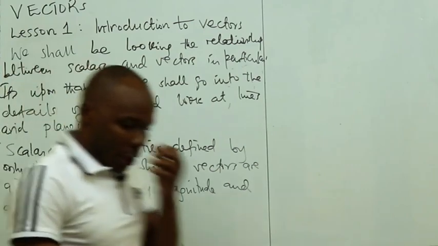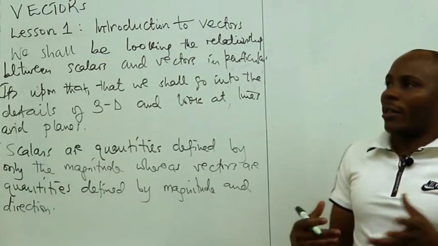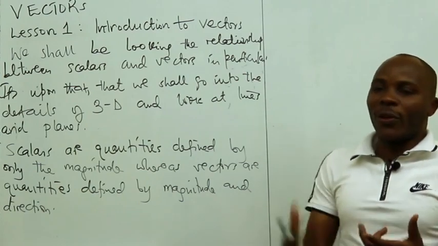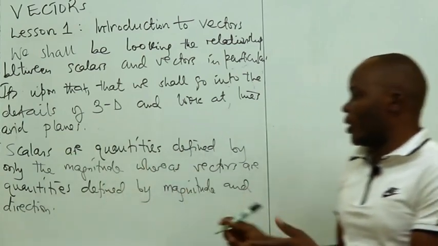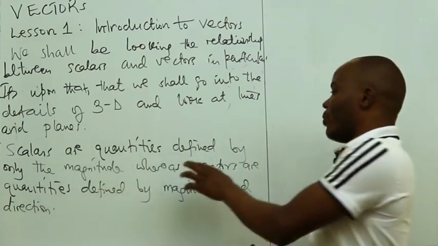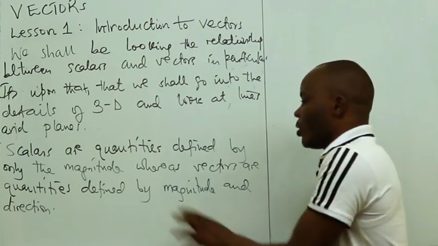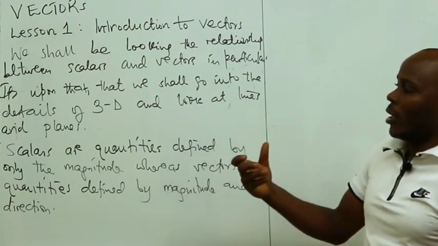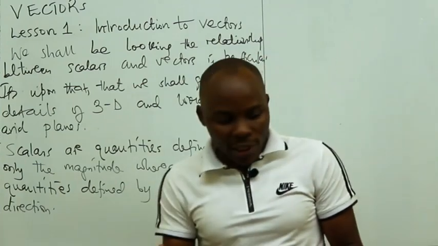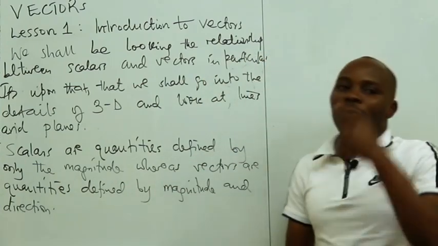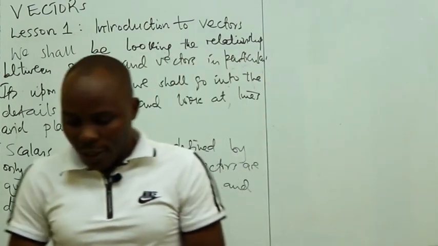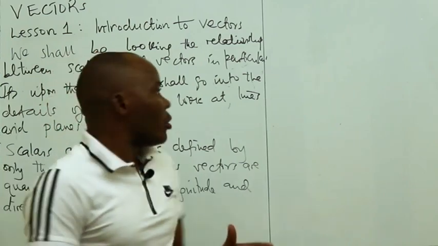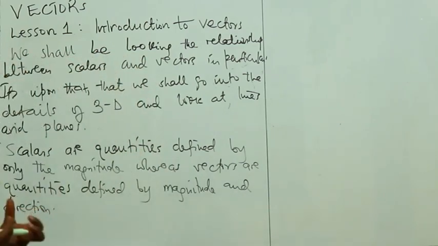So I'm right to say that vectors are scalar quantities with a defined direction, since scalars are quantities defined by only the magnitude and vectors are quantities defined by both the magnitude and direction. So from there, we are going to look at how to represent vectors.